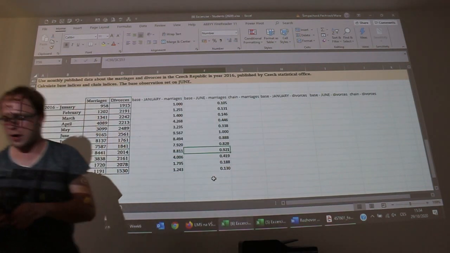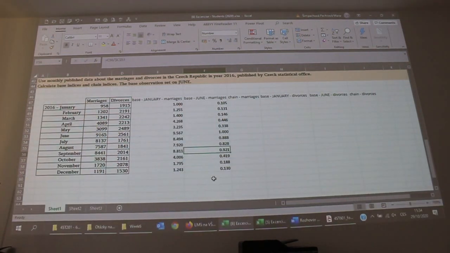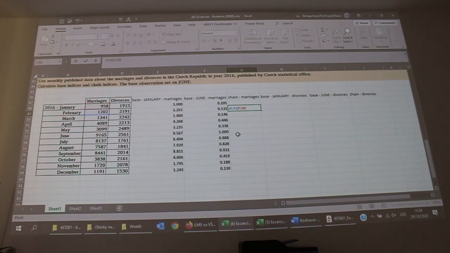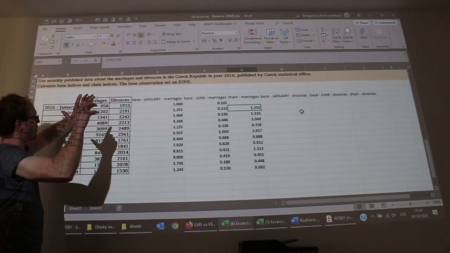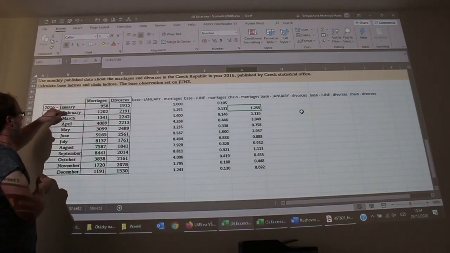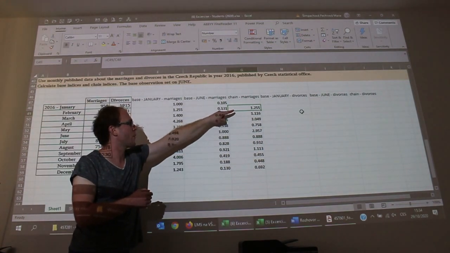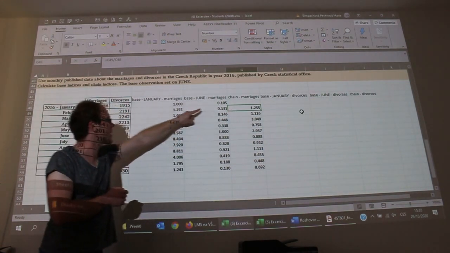And chain indices will be calculated here. Equal sign, this value divided by this value. It's the same as the coefficient of growth. Do you remember the growth coefficient? We lost one observation at the beginning because we are comparing two neighboring values. Between January and February, the number of marriages increased by 25.5%.